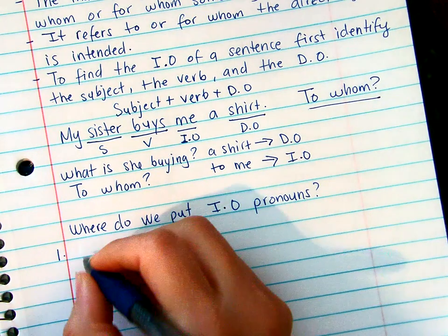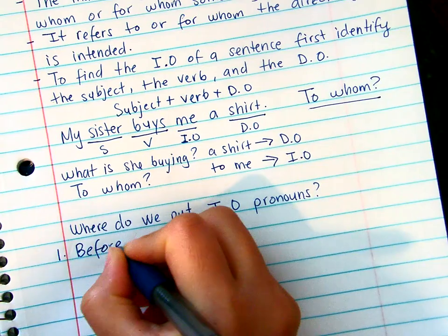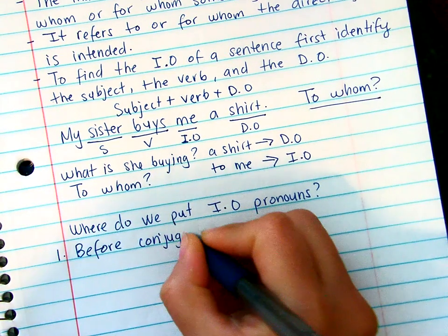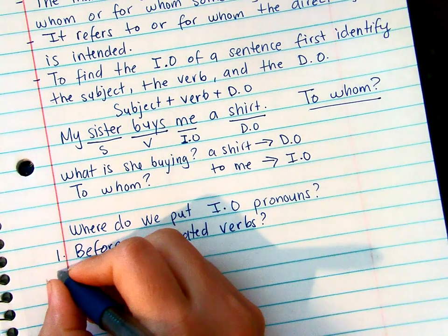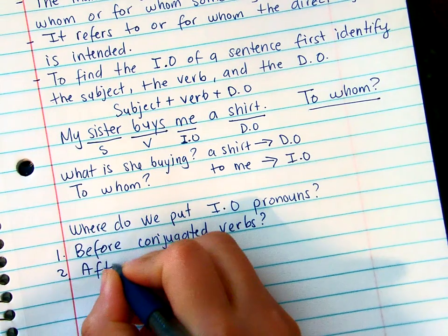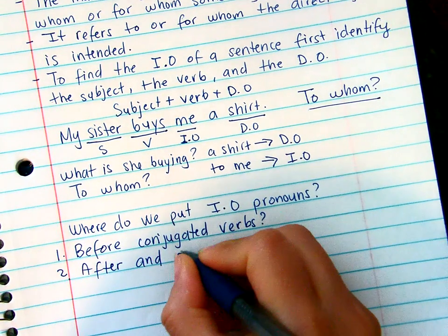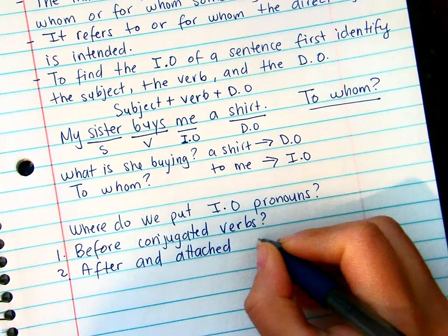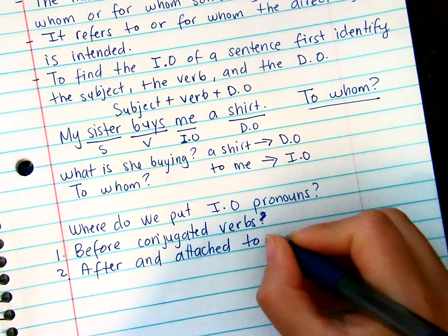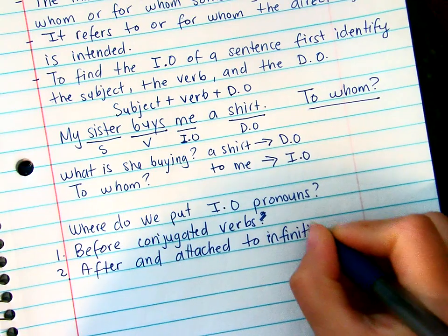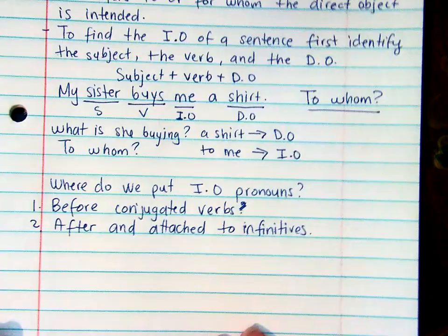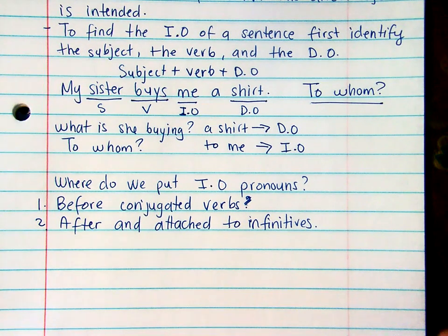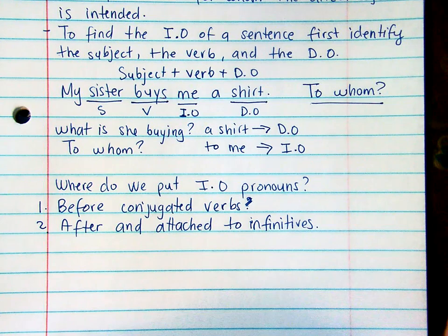First, we're going to do it before conjugated verbs, before the conjugated verb, and second, after and attached to infinitives. Okay, that's where we're going to use the pronouns. Okay, we're going to be using pronouns in Spanish. Okay, so which ones are going to be those pronouns?